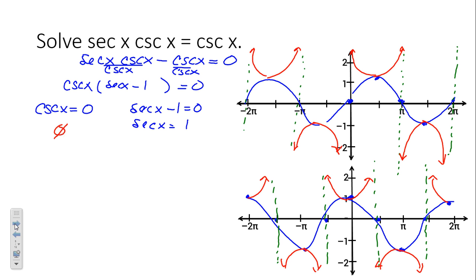And we ask ourselves, where will the secant be 1? A positive 1. At 0. And where else? 2 pi and negative 2 pi, right? So this is going to be at 0 plus any multiple of 2 pi.